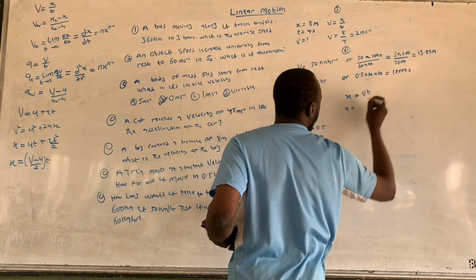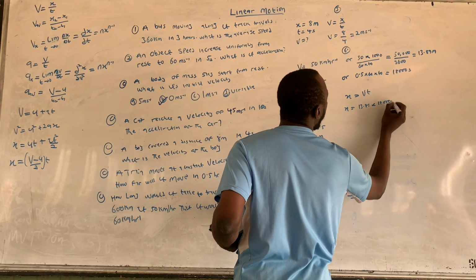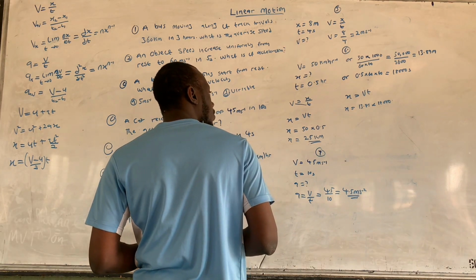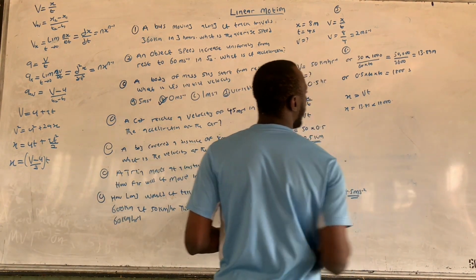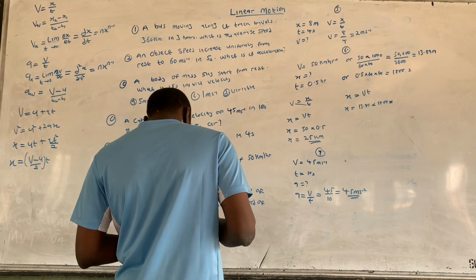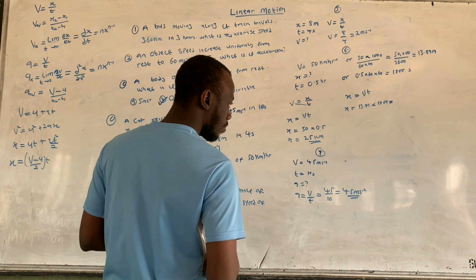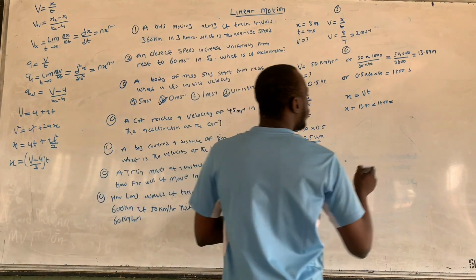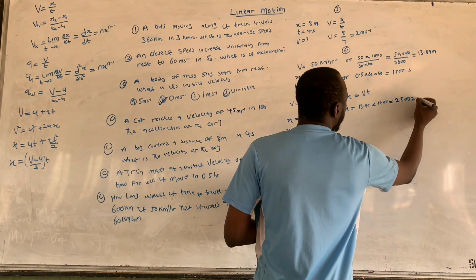X equals v times t, 13.89 times 1,800, which equals something like 25,002 meters.